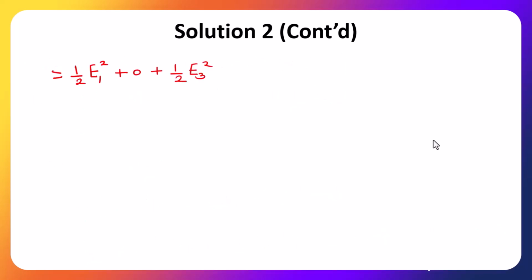And this is equal to 1 over 2 E1 squared plus 0 plus 1 over 2 E3 squared. The required RMS, that is E bar, is equal to the square root of E1 squared plus E3 squared divided by 2.